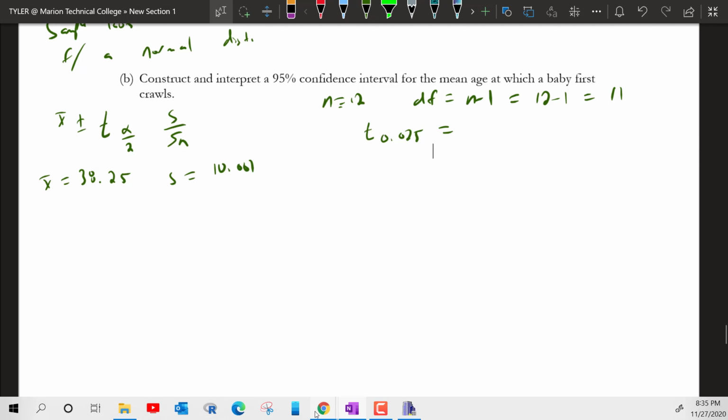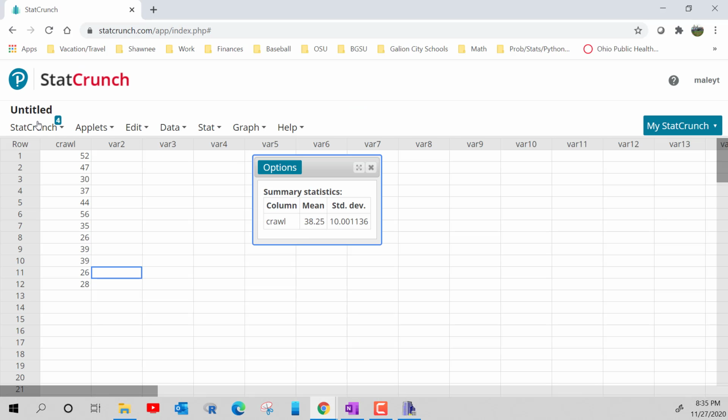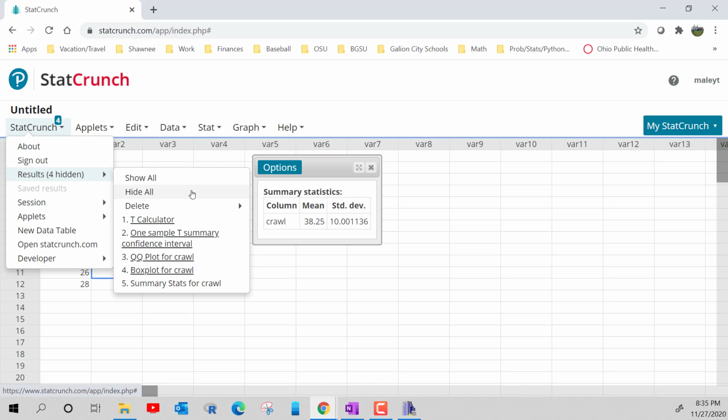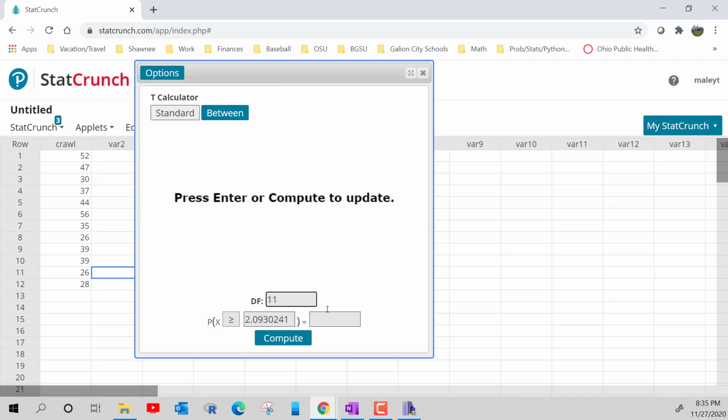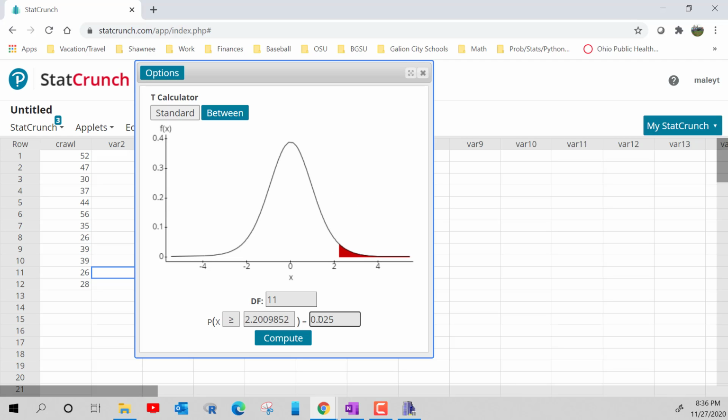Right, so I got to go back to my t calculator, degrees of freedom, change that to be 11. I want the area to the right to be 0.025, and we get 2.201, right, rounded to 3 decimal spots.